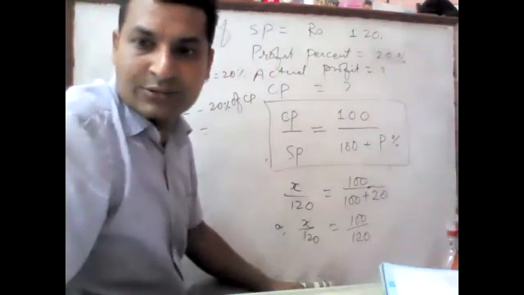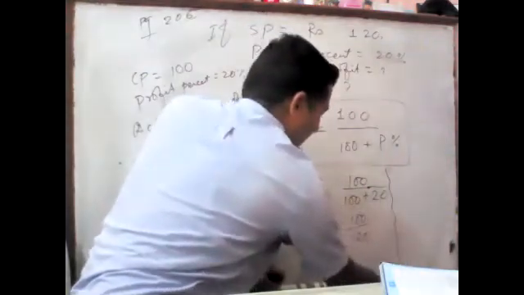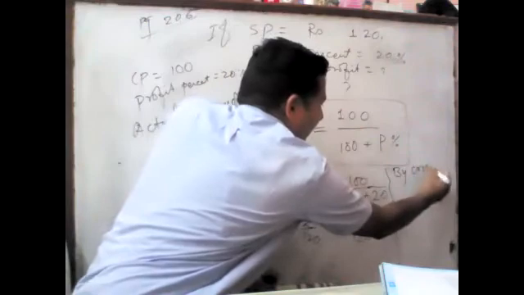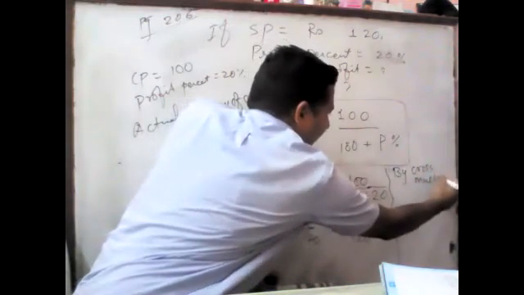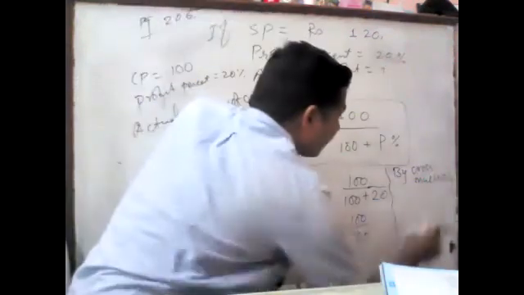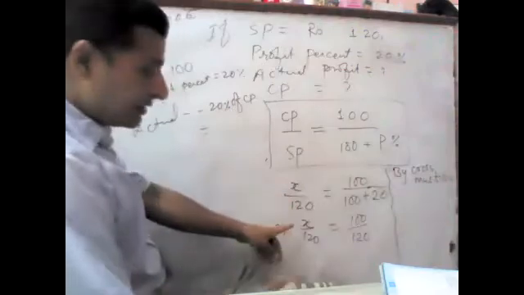You see, I will show you here, by cross multiplication. Cross multiply is done like this.